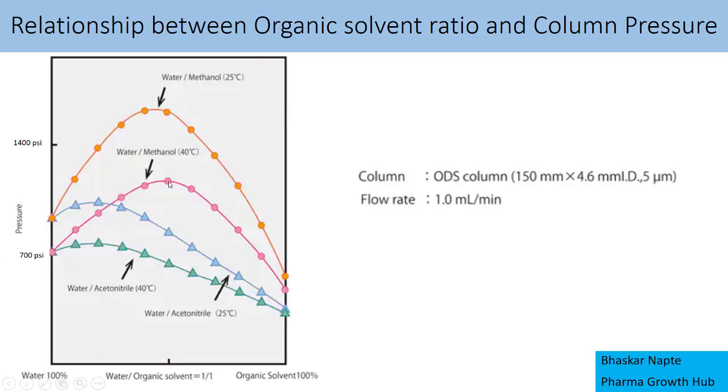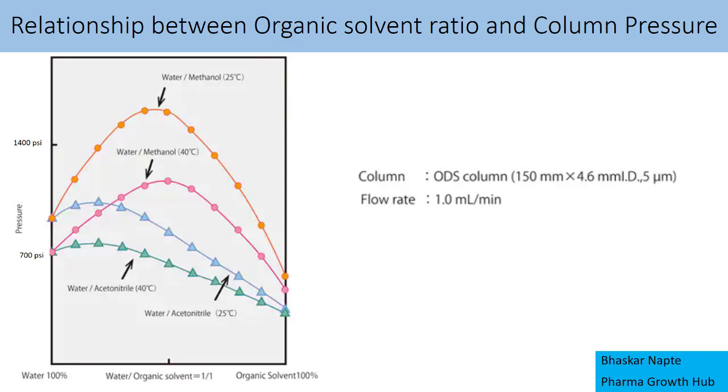You will also see that the back pressure with the higher temperature, like 40 degrees Celsius, is much lower as compared to the back pressure generated by the same system at the lower temperature, like 25 degrees Celsius.